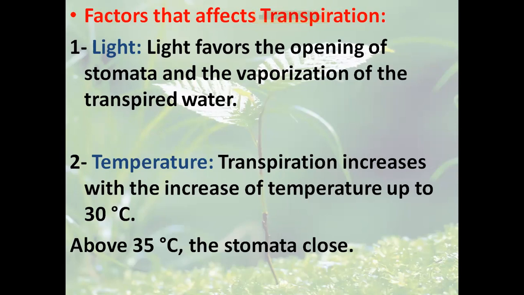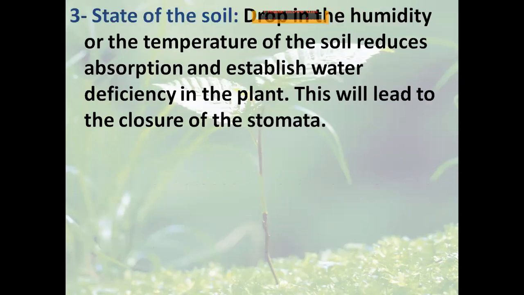Above 35, the stomata will close. Why? Because above 35, the temperature is hot, so the plant will need to keep the water. It needs the water now when the temperature is very high and the weather is hot. So there is no need for transpiration, so the stomata will close.